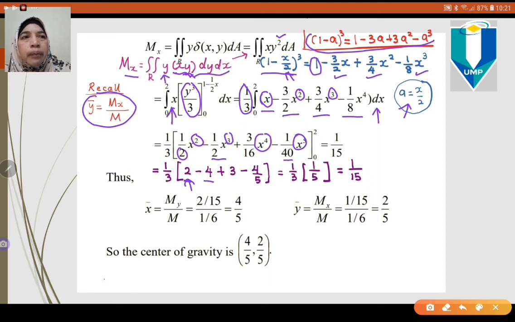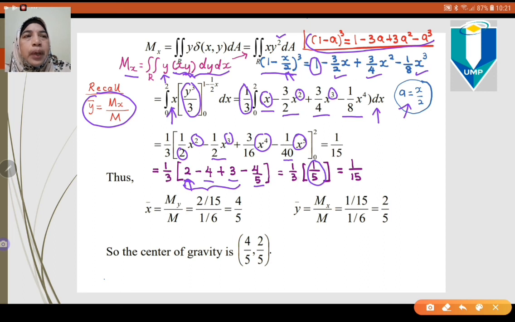For x to the power of 4, 2 to the power of 4 divided by 16 gives you 1. So this is 3. Then you substitute x here: 2 to the power of 5 will give 32, divided by 40, it gives you this value. And that value here is 1. 1 minus 1 over 4 will give you 1 over 5.